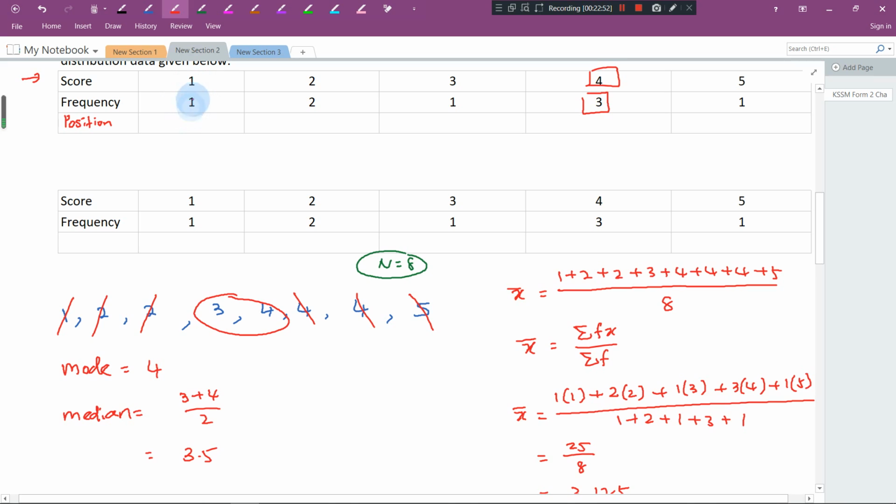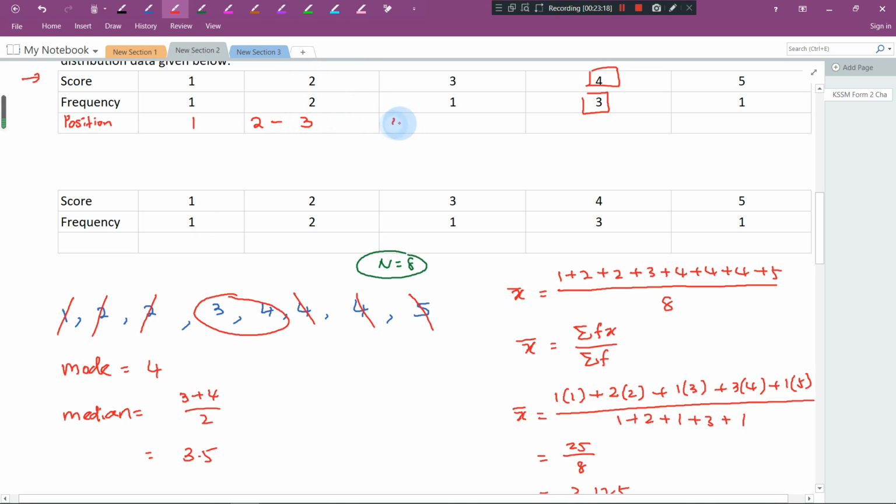So I have 1 times of 1, so I just write 1. So this is 1, the next will be 2. So I have 2 times of 2. So be careful, don't take 2 plus 2, but 1 plus 2, which is 3. So you see, the second data and the third data is actually 2, correct or not? The second and the third is actually 2.